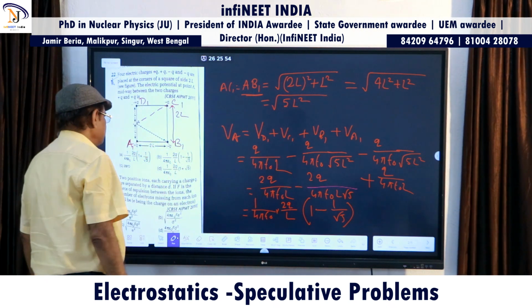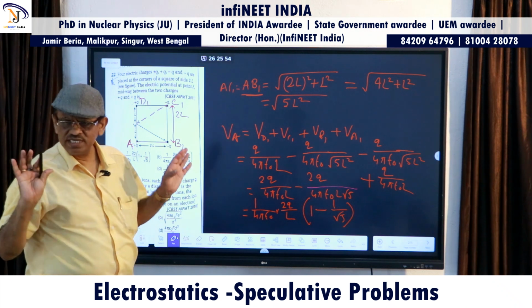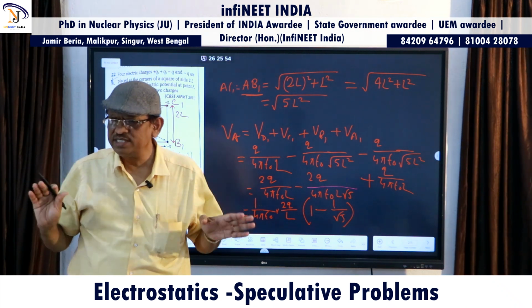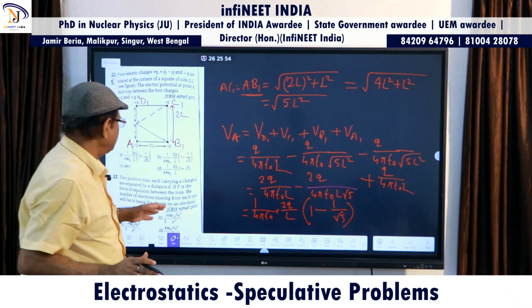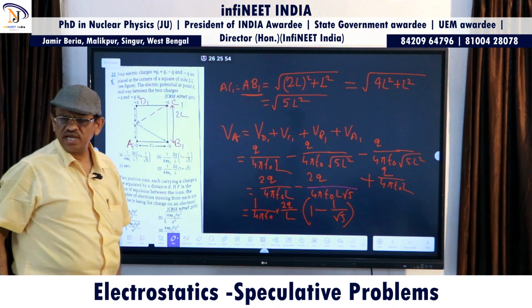Just to see which resembles option number B. I mean, is it tough at all? Very easy or not? So you see, this is actually question asked in AIPMT 2011.